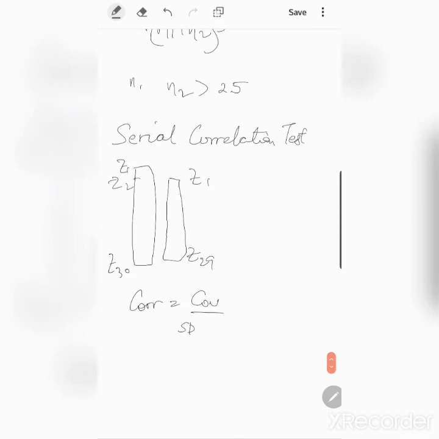So standard deviation of A, standard deviation of B. So here covariance comes out as, Zi minus Z bar, Zi plus 1 minus Z bar.